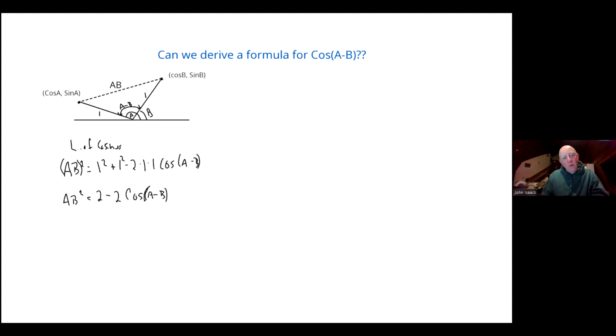Now, another way we could look at this is kind of like the distance formula, or the hypotenuse of a triangle. I'm going to draw a triangle. Let me use a different color here, let's use this pink color.